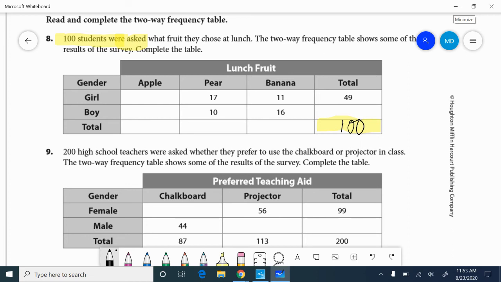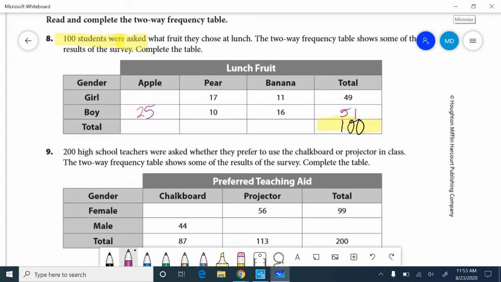So if I go to the total column, I have 49 filled in, there's a blank for boy, and then the total is 100. So I can work backwards and figure out that this number is actually 51. But now, because I have that number in place, I can figure out how many boys chose apple, because I know that we have 10 for pear, 16 for banana, that's 26. 51 minus 26, that's going to be 25.